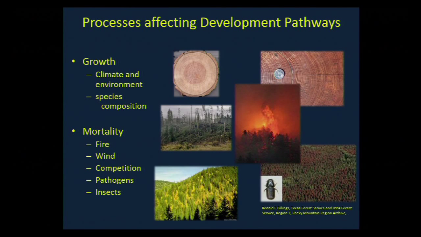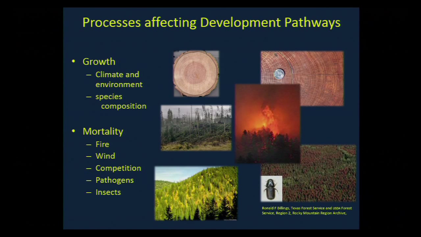So there are a lot of processes that really affect the speed and direction that vegetation structural stages take through time. And really broad scale changes in climate and physical environment really drive what kinds of species live on a site and also how quickly they grow.